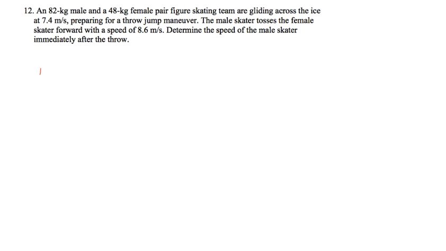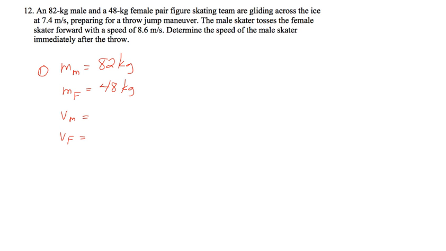So we'll say male and female. The mass of the male is given as 82 kilograms. The mass of the female is given as 48 kilograms. Now, the velocity of the male and the velocity of the female have a common velocity.